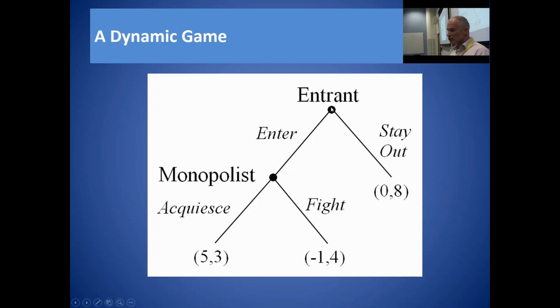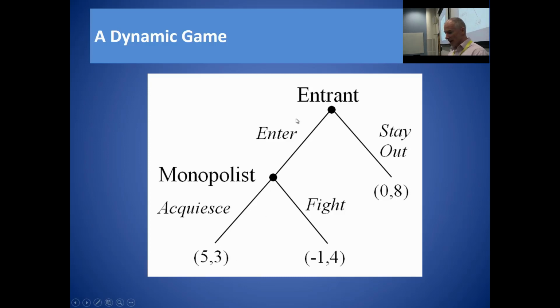If the entrant chooses to enter and the monopolist acquiesces, rather than the payoffs being 5 to each, the entrant still gets a payoff of 5, but the monopolist now gets a payoff of 5 minus the 2 sunk costs. So it now only gets a payoff of 3.